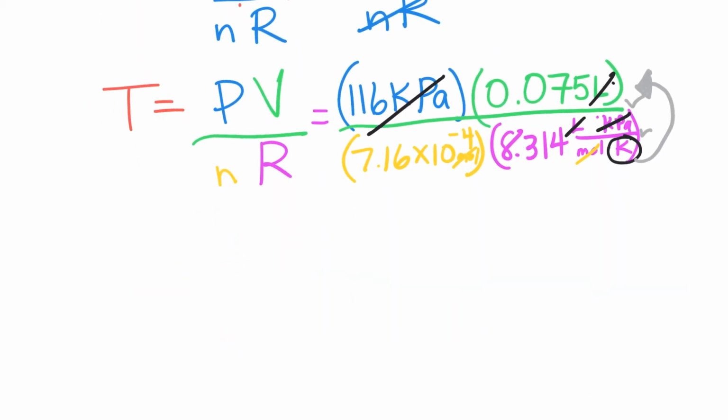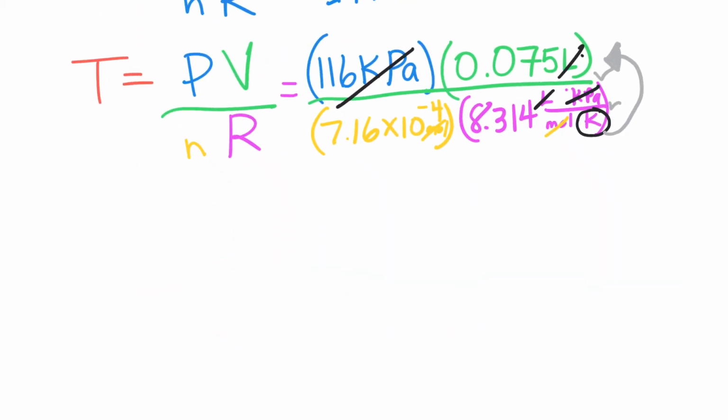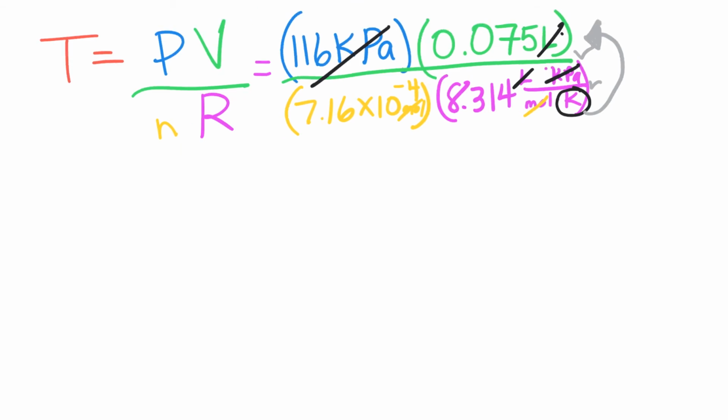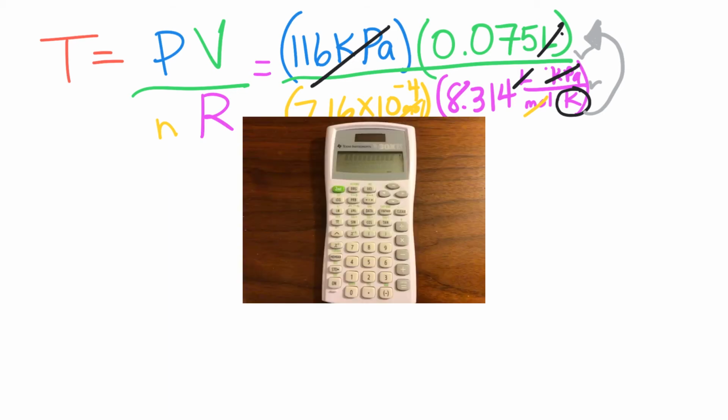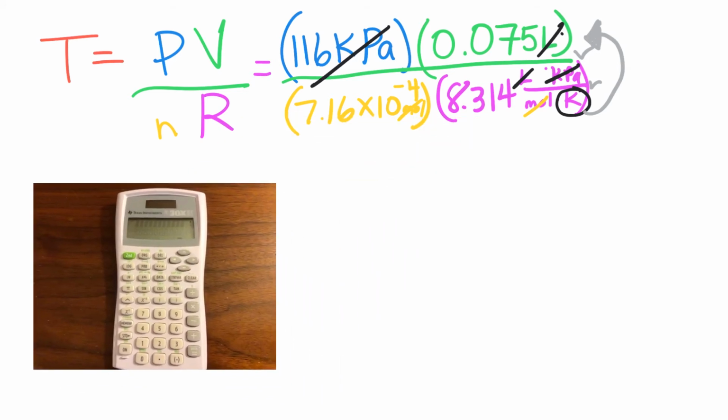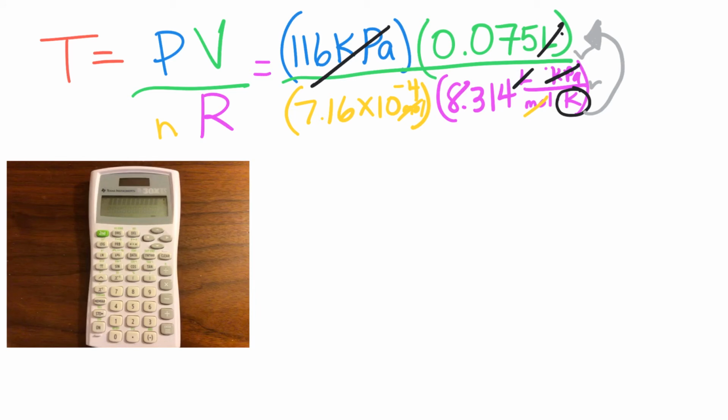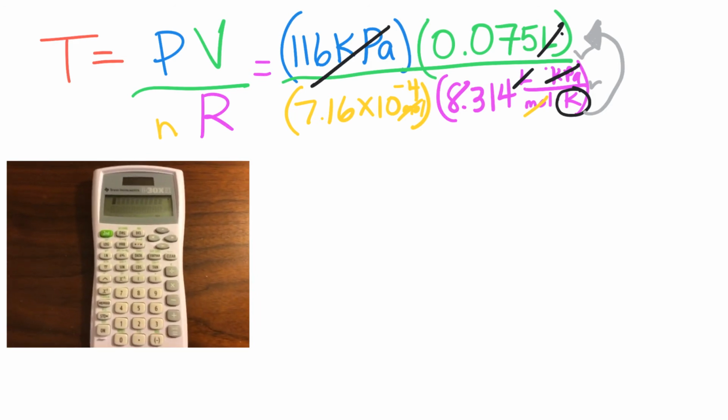All right, so now I'm going to scroll up a little bit, and I'm going to show you my calculator so you can kind of see how I plug it in. I'm going to work this on my calculator now, and show it as I work it. Okay, I'm going to enter first the two numbers on the top.